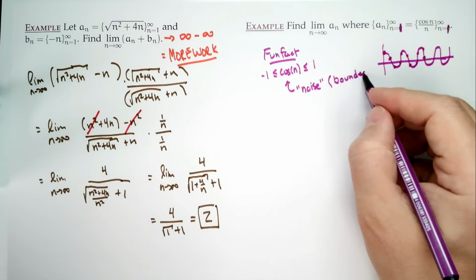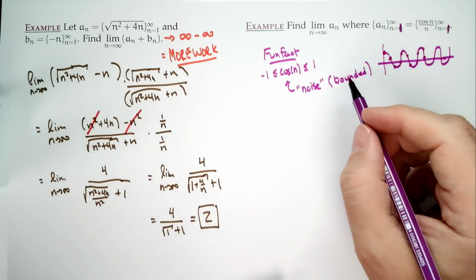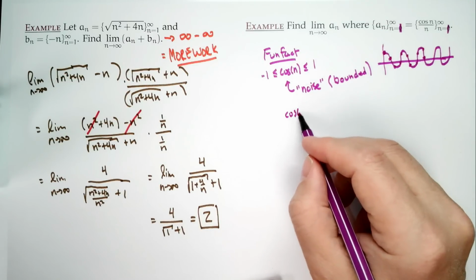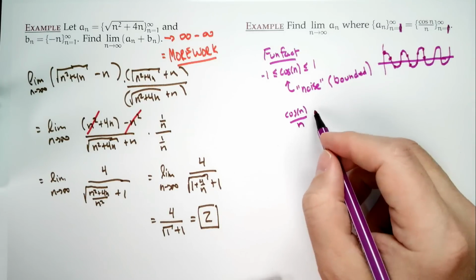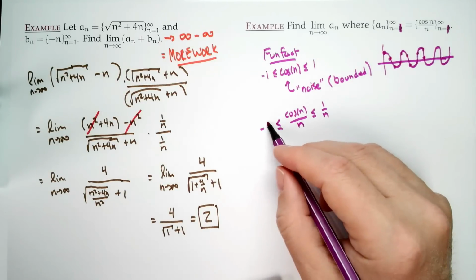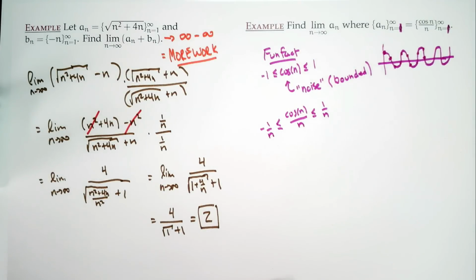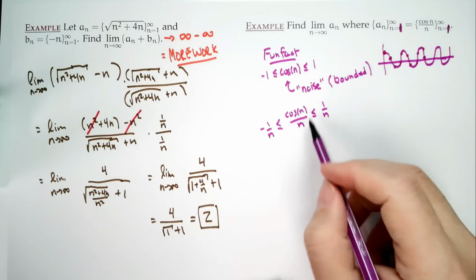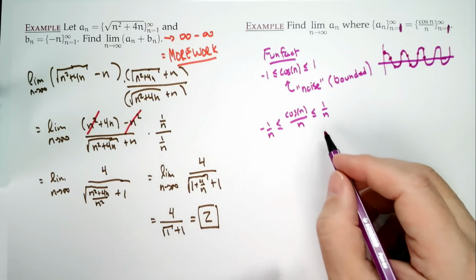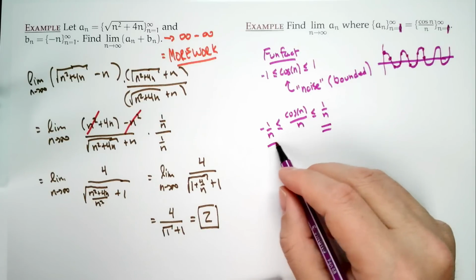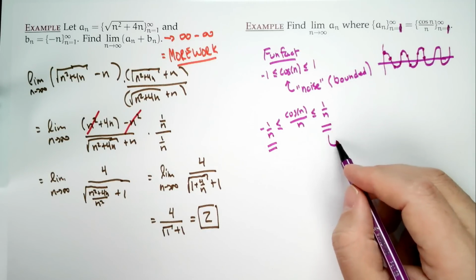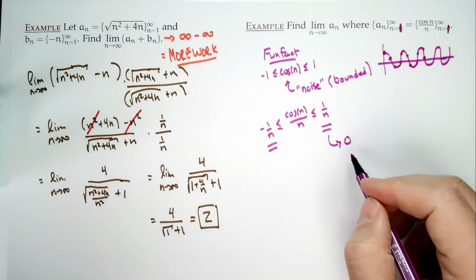Now the nice thing is when you know something is bounded, you can say, okay, what happens to the rest? Well, our conclusion is that cosine n over n is below 1 over n and bigger than or equal to -1 over n. Now, while this function can be hard to understand because this cosine of n, it's not so clear what's going on, each one of these two parts is fairly straightforward to understand. We already know that 1 over n goes to 0.